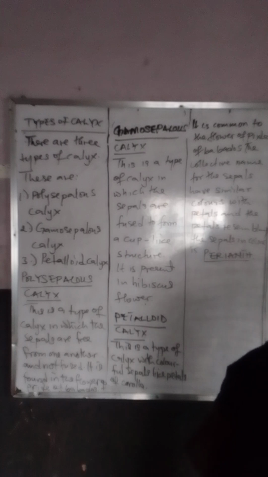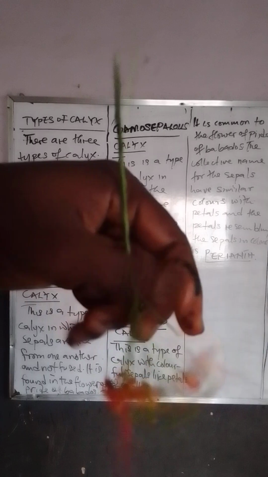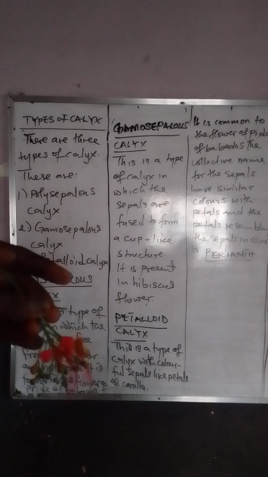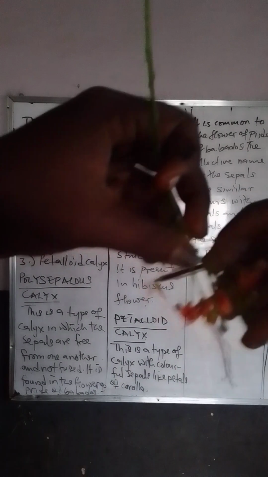Look at Pride of Barbados. If not for the size and the position, it might be a little bit difficult for you to differentiate between the corolla and the calyx. They have the same color. So you can see these are sepals, but this is a corolla, it is big. This is bigger, while this one underneath is small. So it is only the small size you use to differentiate.